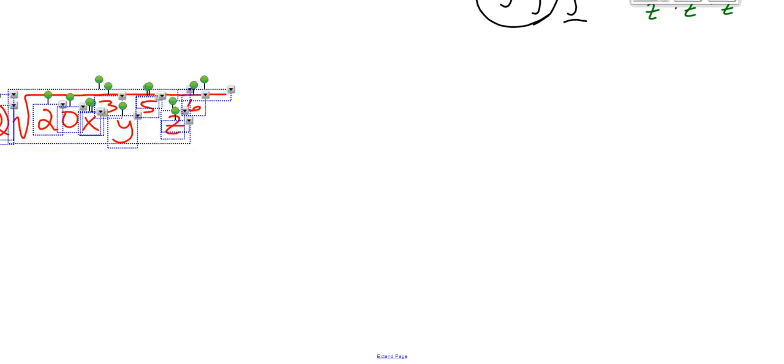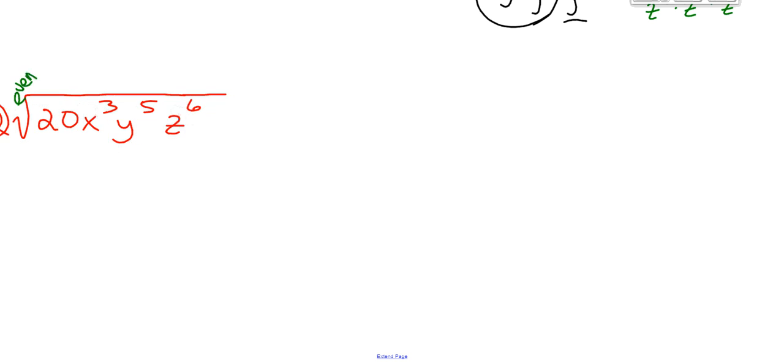And I'm going to notice that this is an even square root, so that's an even power. And I'm looking for that even, odd rule. And so this is an even power.